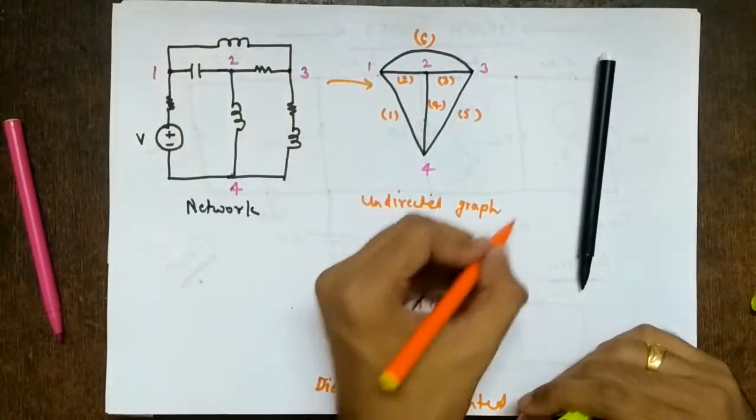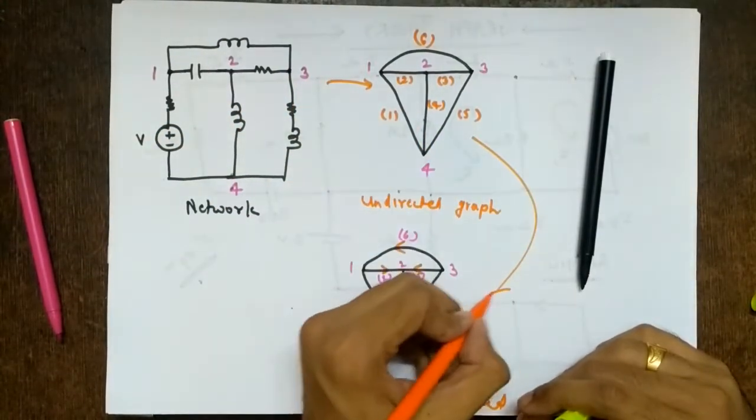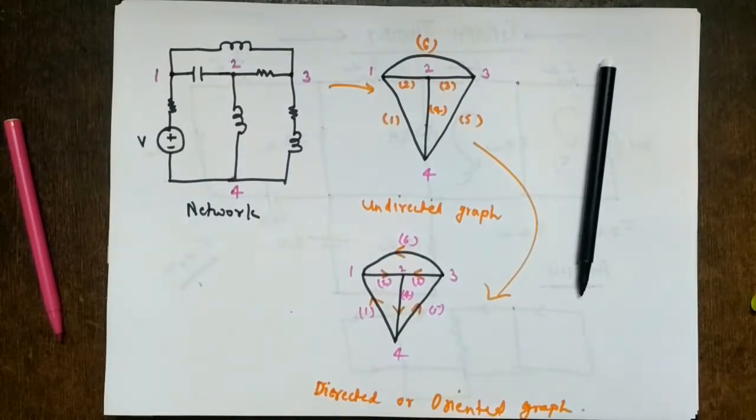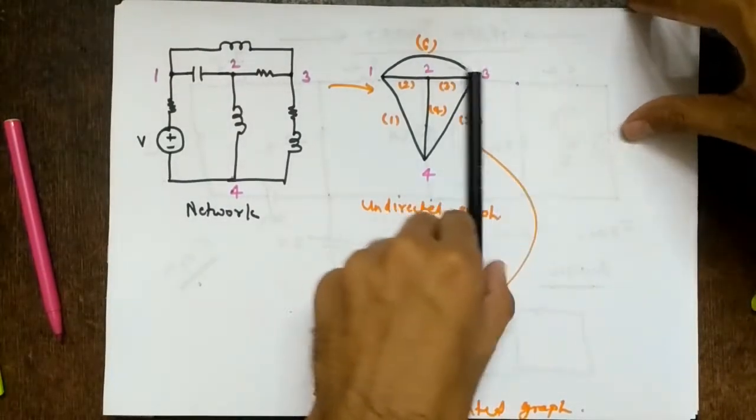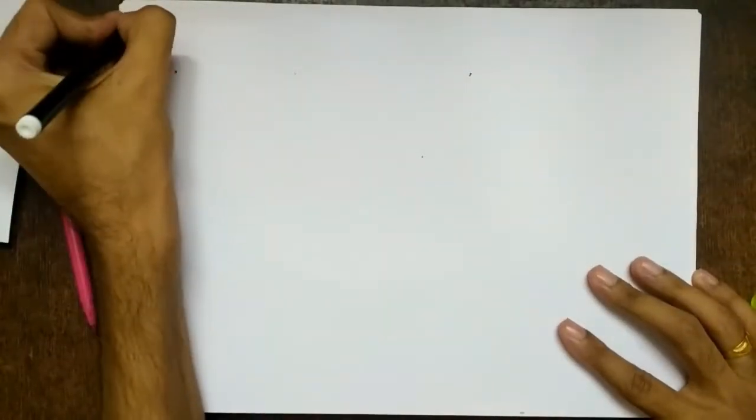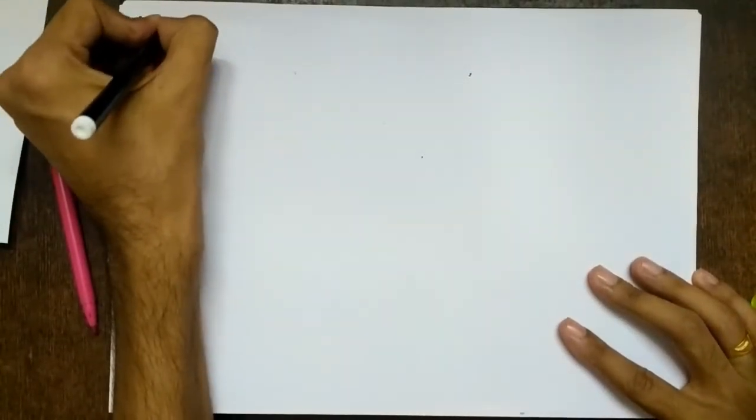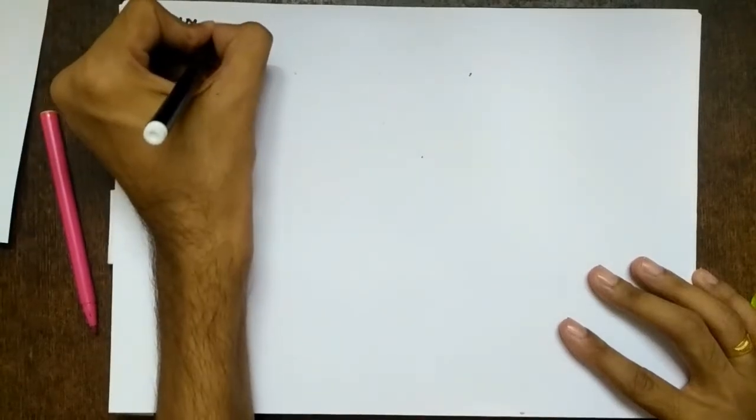So this is how we draw a graph from a network. This is an undirected graph, and if we give directions to this undirected graph, it becomes a directed or oriented graph, right? Now there are some definitions associated with a graph.